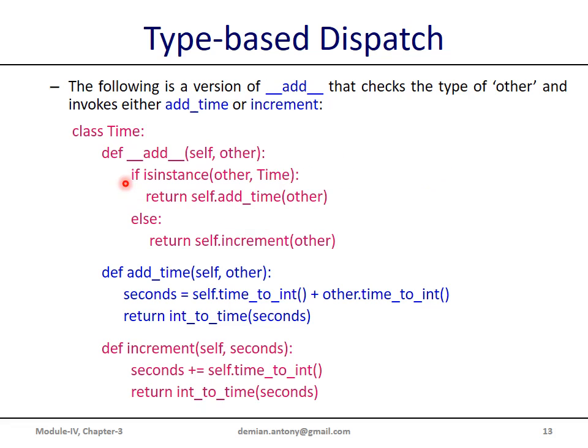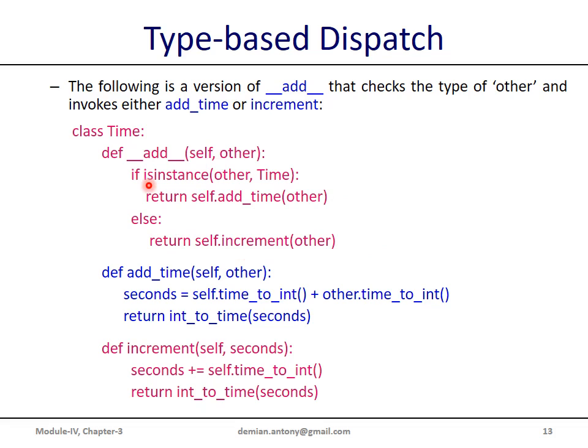This can be done by checking the type of the object. Assume that we want to check the type of the object other, and the self is the subject and this has to be an object. We want to check the second argument whether it is an object or a number. If it is an object, we make a call to the add time method, and if this other is a number other than an object of type time, then we make a call to increment.